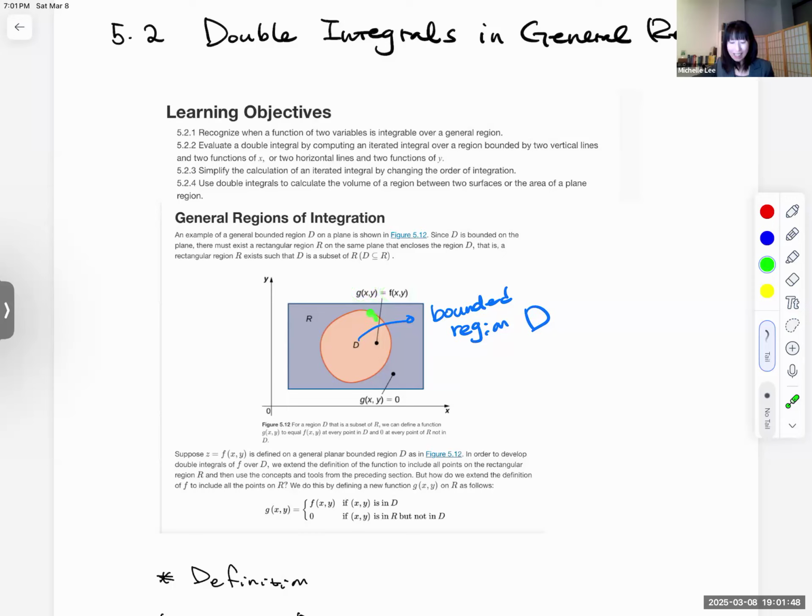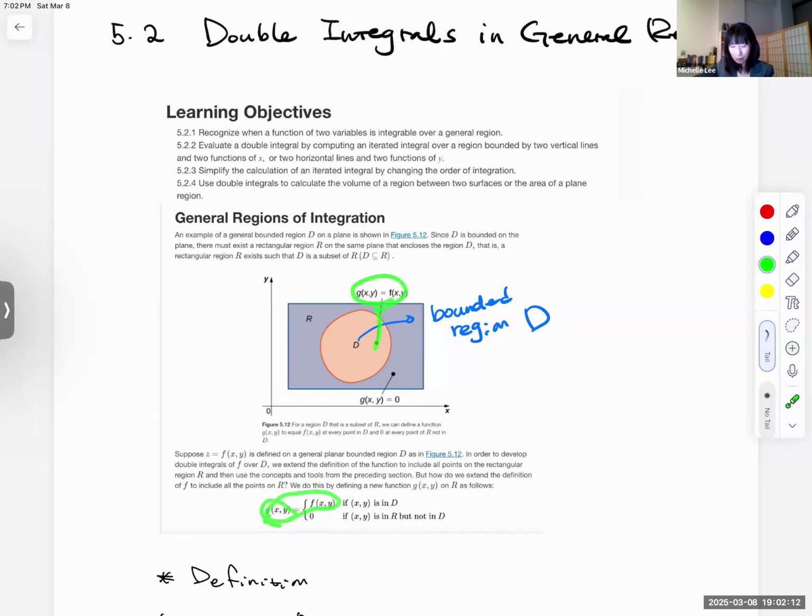Then outside the bounded region, which is in the rectangular region, there's a point, so we set g of x,y equal to 0. So here is a two-piece piecewise function. Then g of x,y equals f of x,y inside.